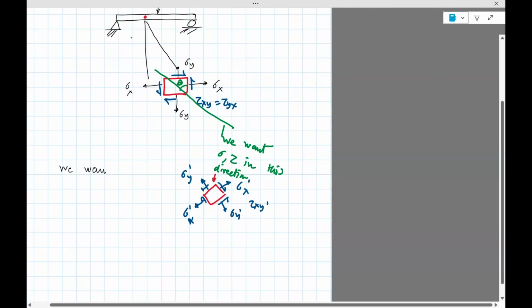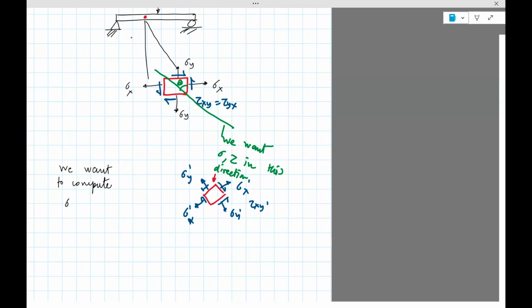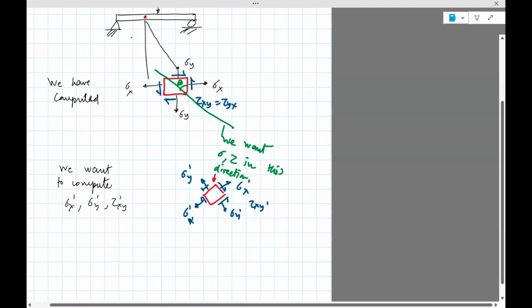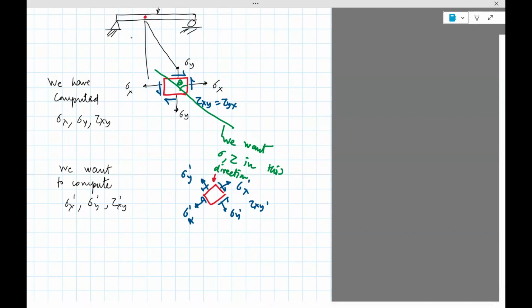We want to compute sigma x prime, sigma y prime, tau x y prime. And here we know we have computed sigma x, sigma y, tau xy. So that's known, but we are not, after all, interested in the way that particular plane stress element is, but we want the stress in an element which is rotated.